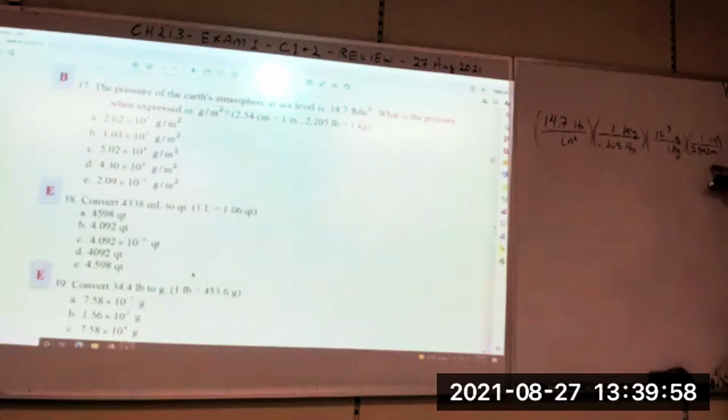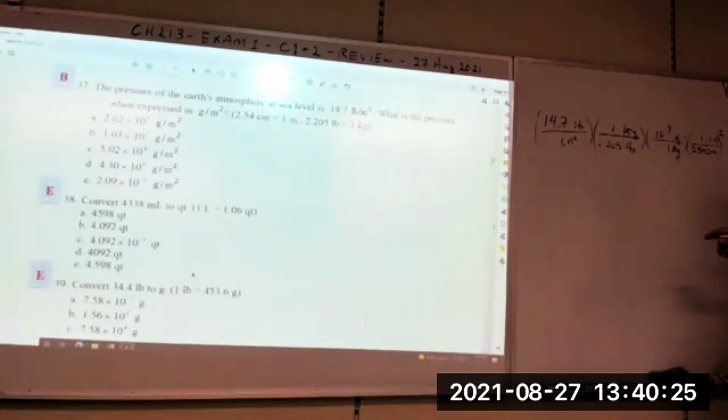So what do you do then? All you have to do is square it. That squares this, and that squares that. Okay. We okay? Okay. So now we got square centimeters.